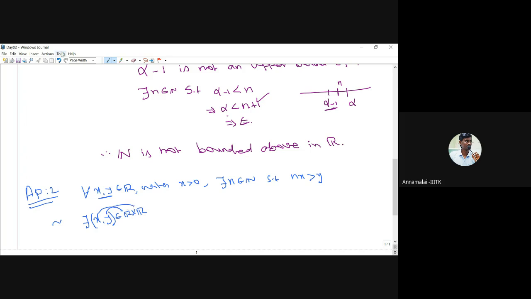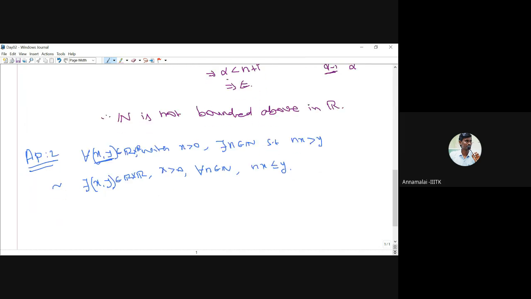The same way, there exists x comma y, because this is for every. Otherwise, we write for every x comma y in R cross R with x positive, because the negation of there exists is for every n in N, if we take any n such that nx is less than or equal to y.